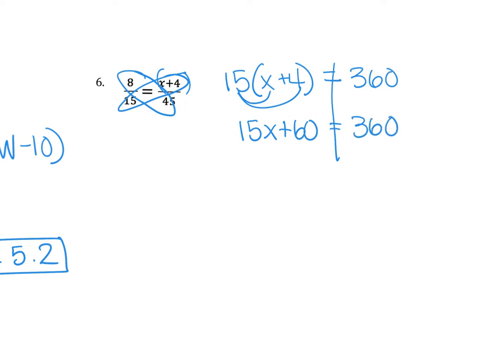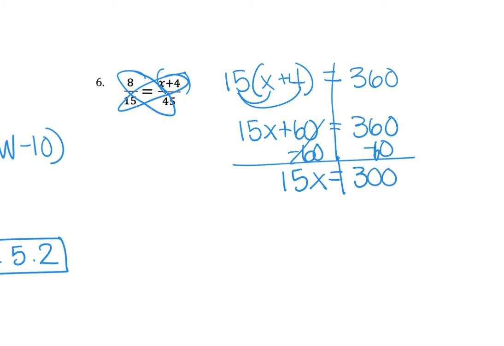Now this one, notice how I have all the variables already on one side. So now I need to have all my numbers on the other side. So I'm going to subtract my 60 to undo it. And now I need to just divide by 15 on both sides. And I will have x is equal to 20.